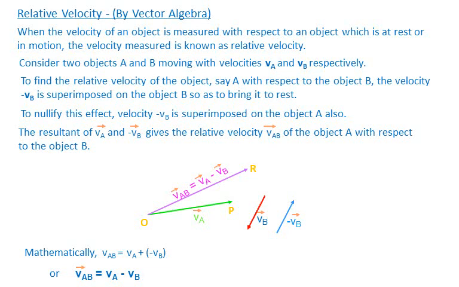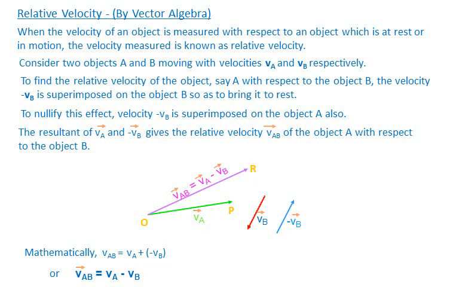Now consider two objects A and B moving with velocities VA and VB respectively. To find the relative velocity of the object A with respect to object B, the velocity minus VB is superimposed on the object B so as to bring it to rest, as shown in the diagram.